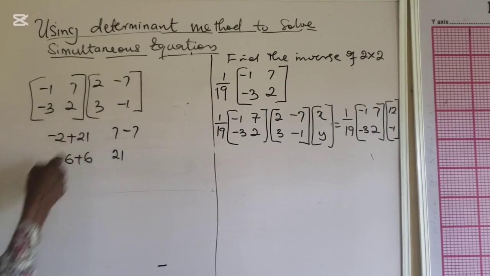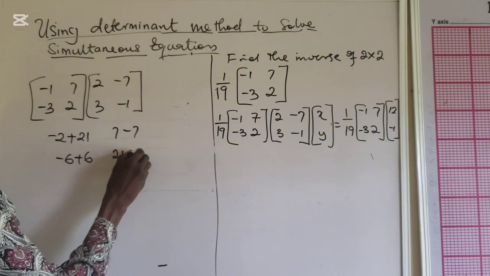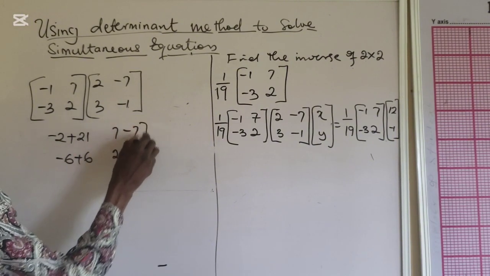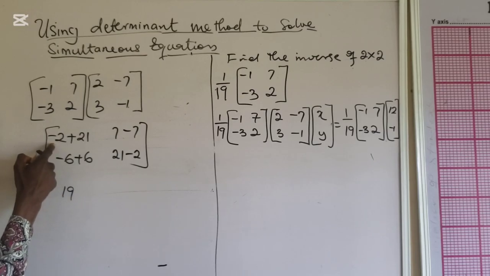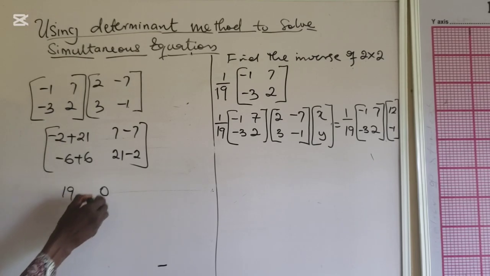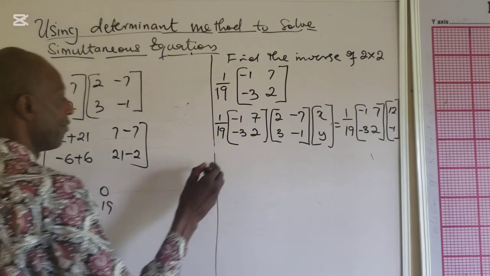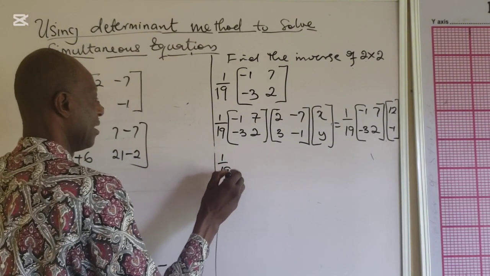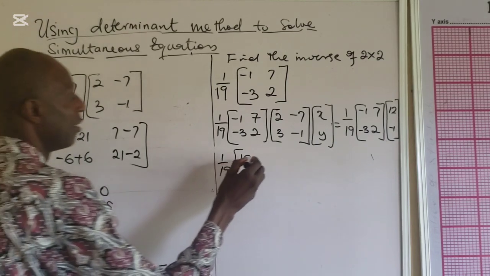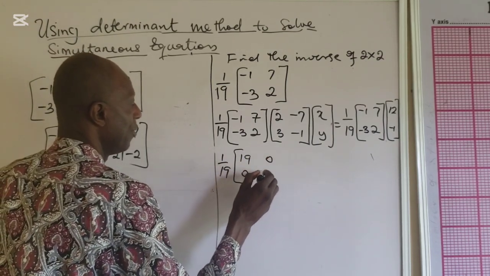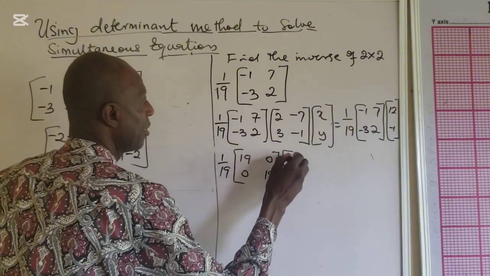Now, 2 times minus 1 gives us minus 2, so here gives us 19. So therefore, here is 1 over 19 into 19, 0, 0, 19. Then we have your x and y.